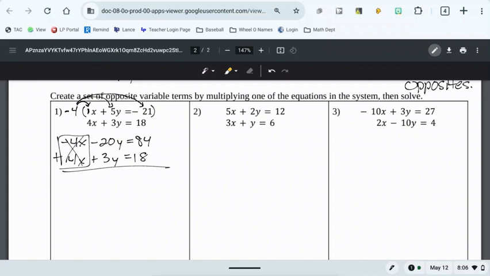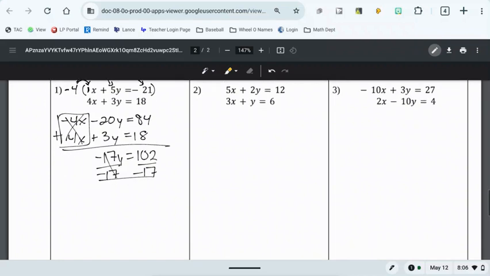So that cancels out. Now we have -20 plus 3, which is going to give us negative 17y. And then we add 84 and 18, and we get 102. If we divide by negative 17, we get y equals negative 6.